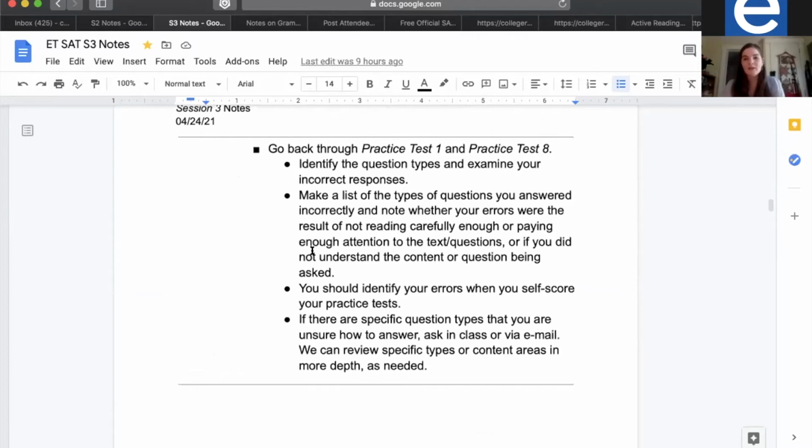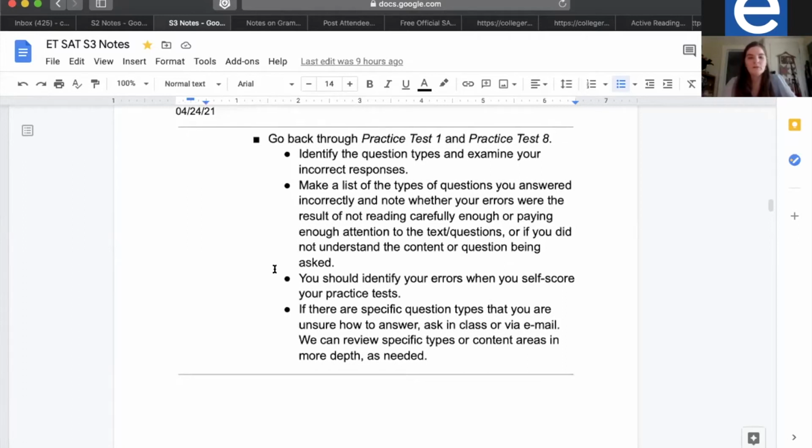I want you to get in the habit of identifying the type of question that you're being asked. This is so that you can not only troubleshoot any questions that you consistently get wrong, but also help you with your game plan for approaching every passage, or specific passages based on the subject matter.